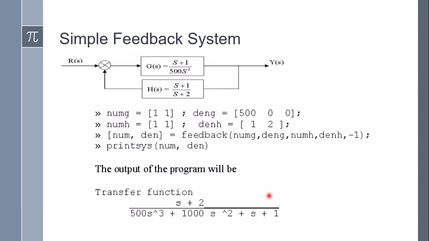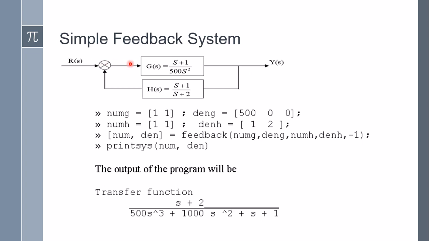And then you consider a simple feedback system. In this case, R(s) is the universal input and Y(s) is the output of the system. Here you see the signal has two transfer functions, G(s) and H(s). G(s) is the forward transfer function, meaning the signal flows from input to the output side.